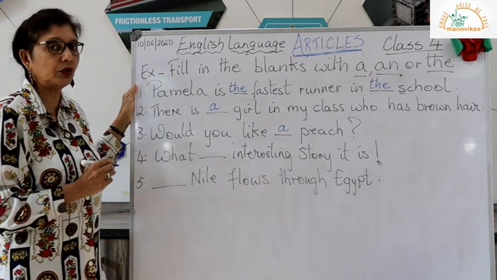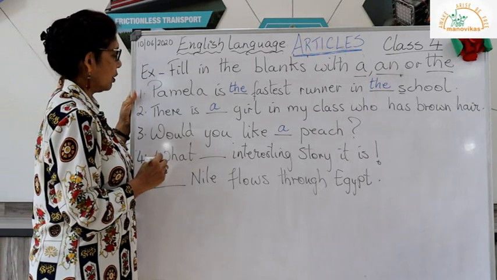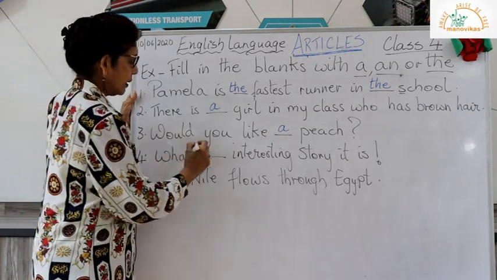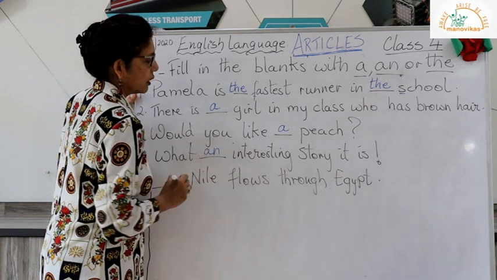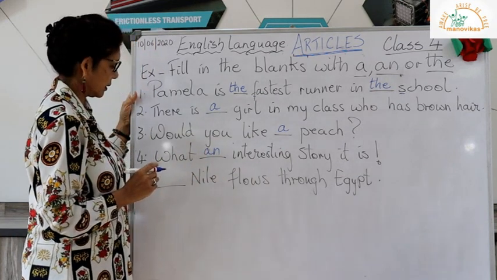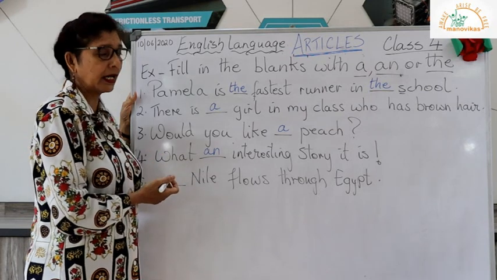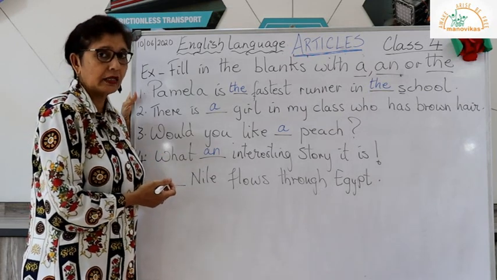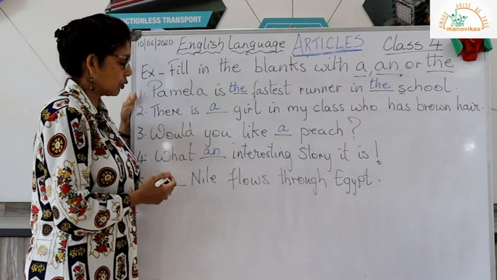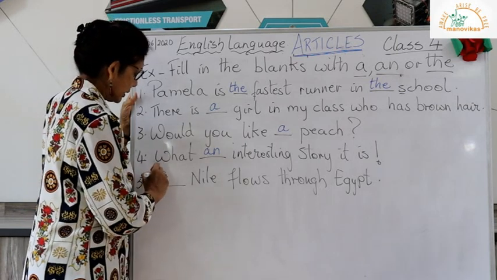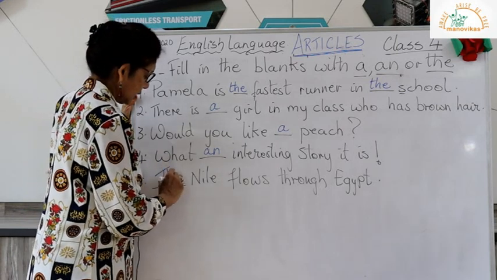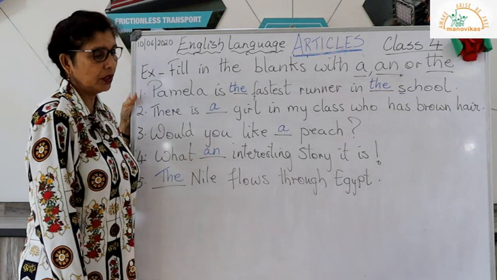What article will you use? An. What an interesting story it is. And the last one, dash Nile flows through Egypt. Now Nile is the name of a river. So what will you use? The, definite article. The Nile flows through Egypt.